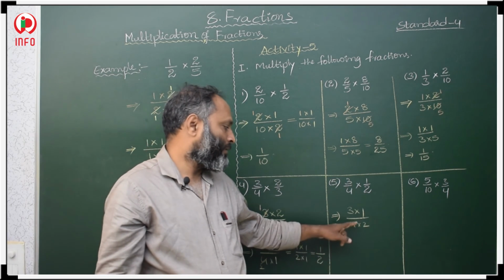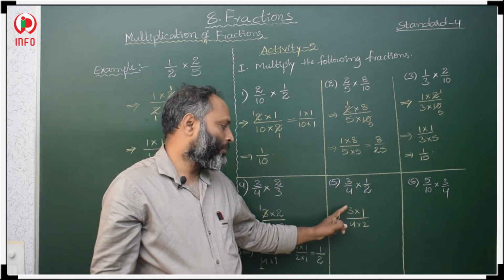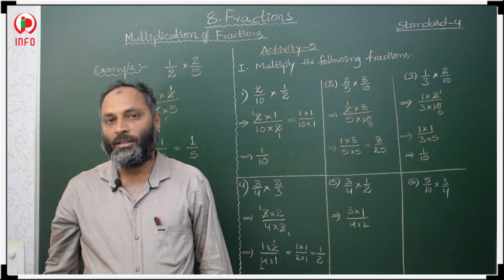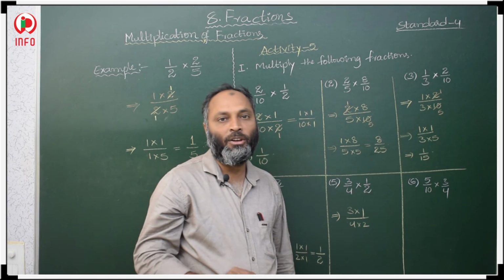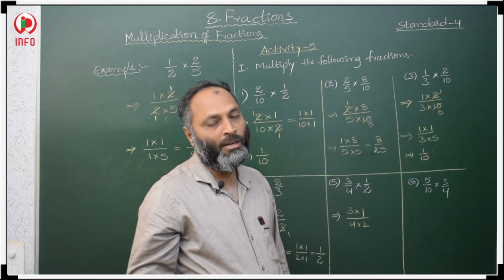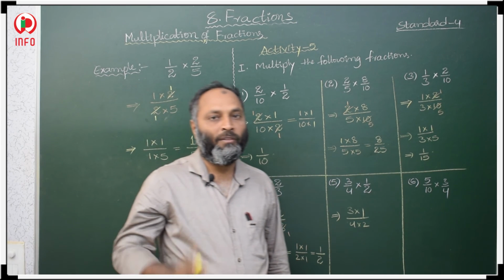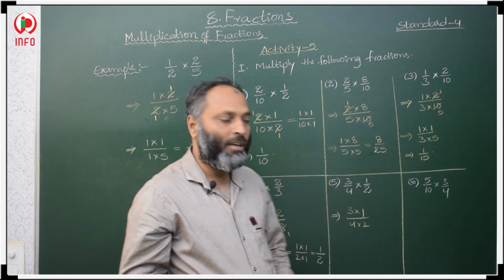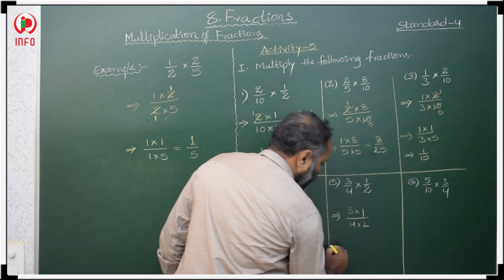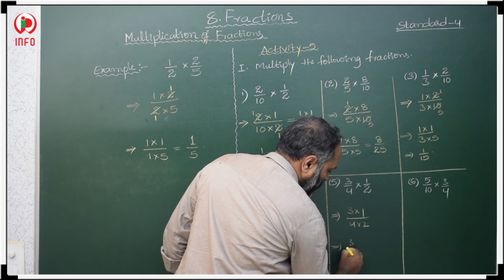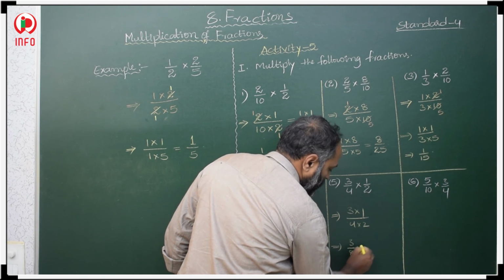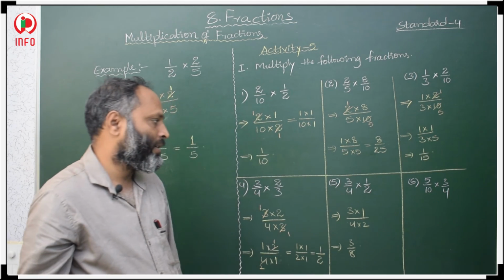One numerator and one denominator value we have to cancel. Do not cancel numerator with numerator or denominator with denominator. Now we multiply. 3 ones are 3, 4 twos are 8. 3 by 8 is a proper fraction.